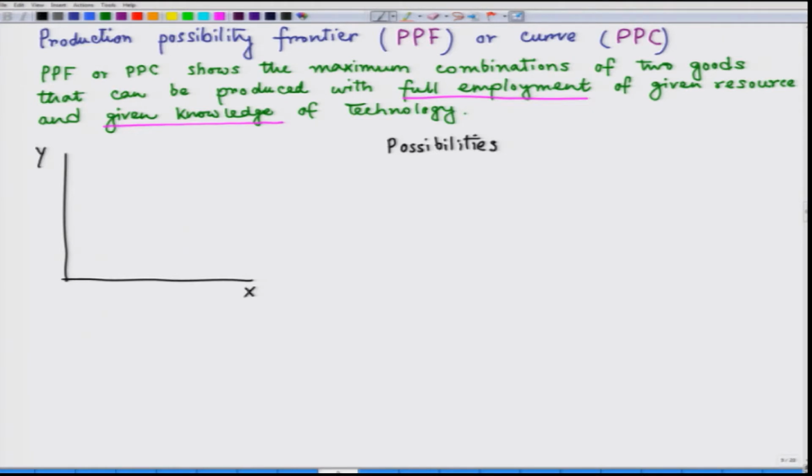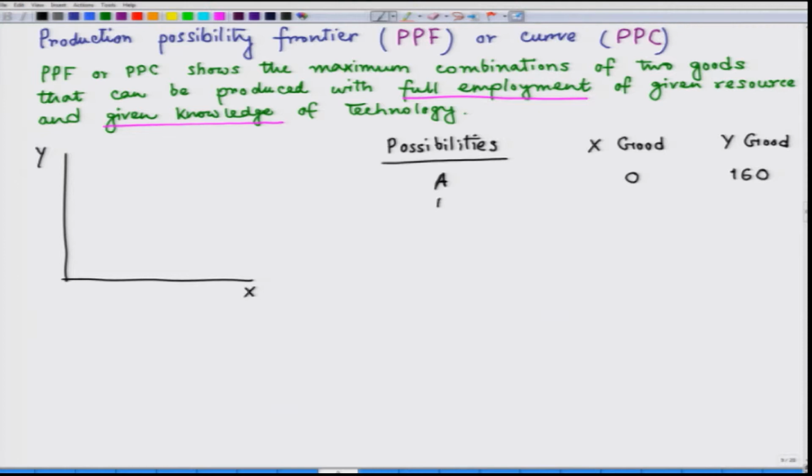and these are the possibilities of different combinations of good x and y to be produced. So, let me write x good and y good here. So, the possibility A gives 0 units of x good, but you can produce 160 units of y good.